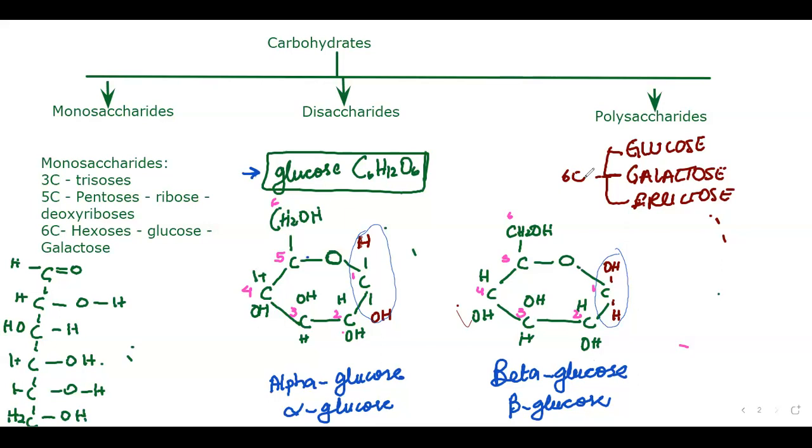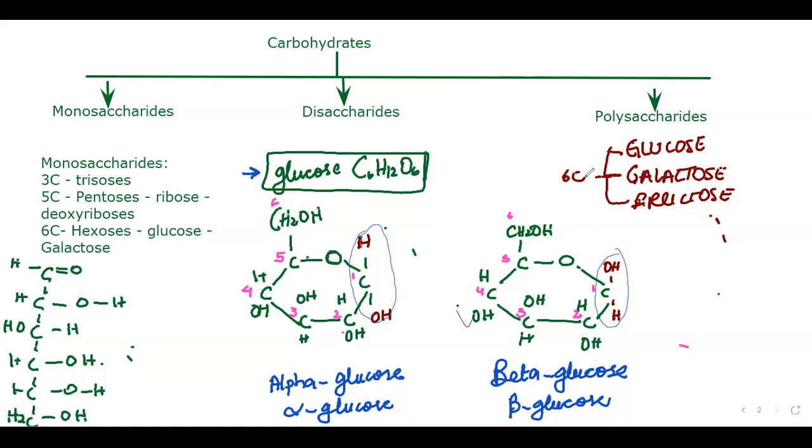Now, when we talk about our monosaccharides, what is the function of monosaccharides, right? Why do we actually have these monosaccharides? What is the role in living organisms? Remember this, that they have two major functions.